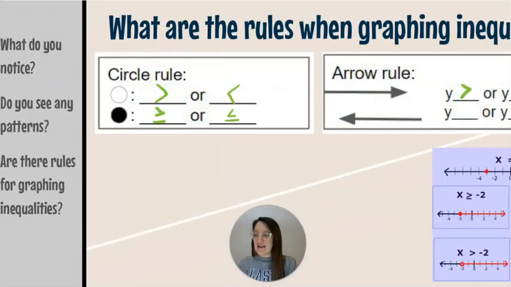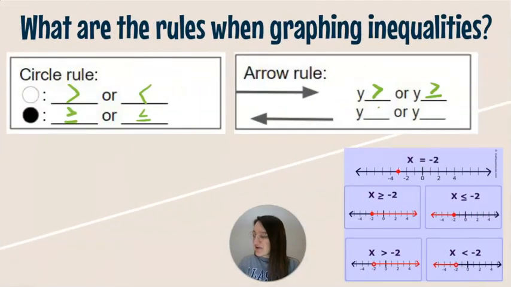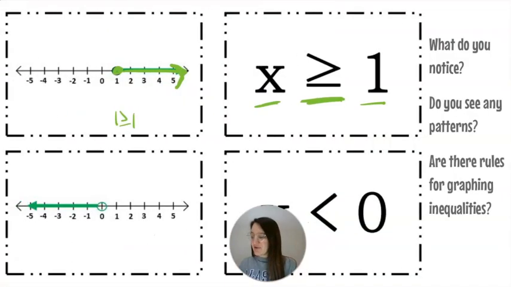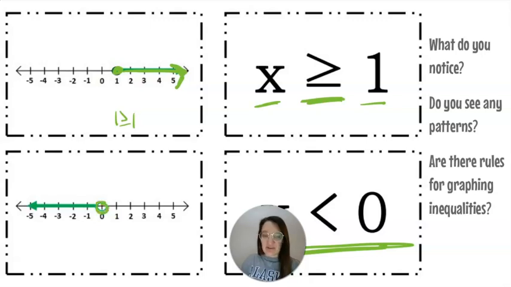Whereas if we have an arrow going to the left, we are looking for numbers that are less than or equal to. If x is less than 0, we're going to circle 0. We're not going to include it, but we want everything less than that. For example, -1/2 is a solution because it is less than 0. -2 is less than 0, so we're going to include that.